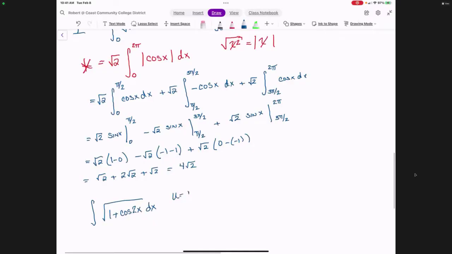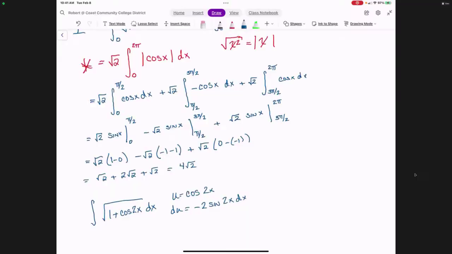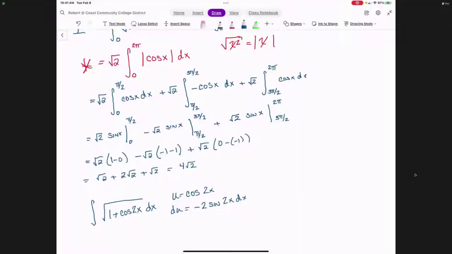So u equaling the cosine of 2x. Okay. Now what? We don't have a sine x to use in the du, right?